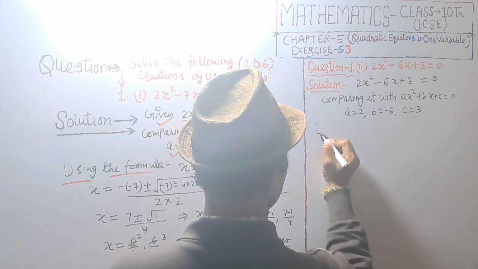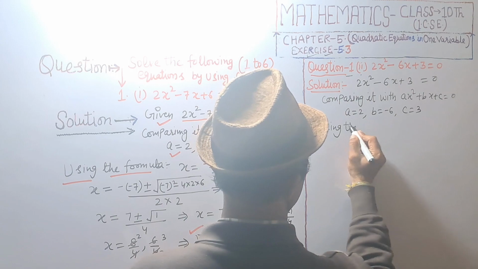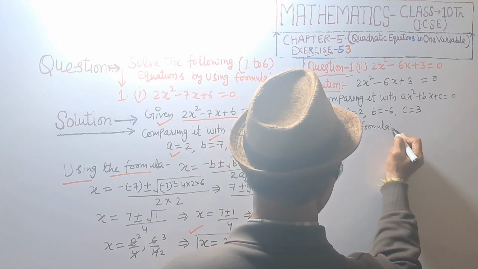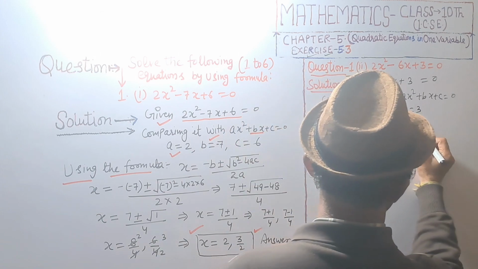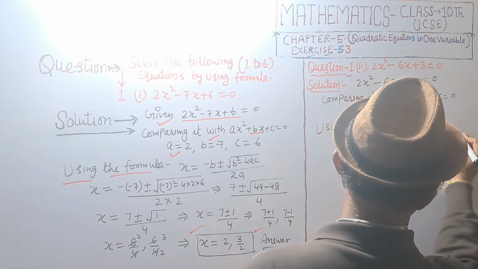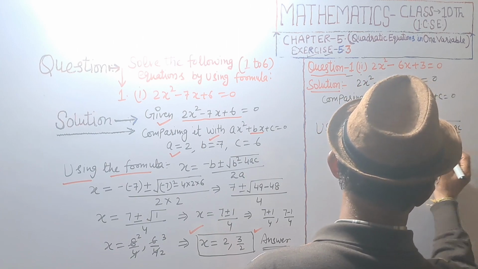Using the formula, x is equal to minus b plus minus root b square minus 4ac upon 2a.